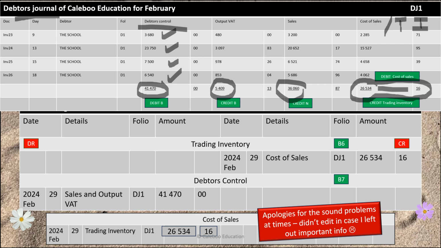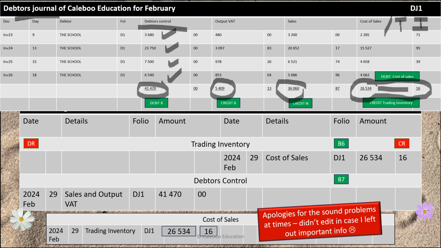The inventory, when we get rid of it, is expensed to show that there was an actual cost to the sale. And the reason why there's a cost of sales account now is that it enables us to calculate the gross profit of Calibre Education. More about that a little bit later.